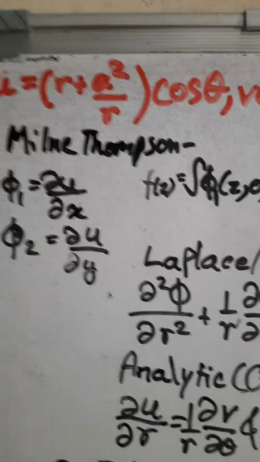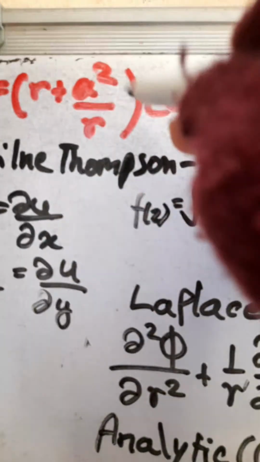So let me show you how to do it. First I have to find that function. So cos theta would be multiplied to both the functions inside because it is outside the bracket. So what I would get is r cos theta plus a square by r cos theta. Here we go.